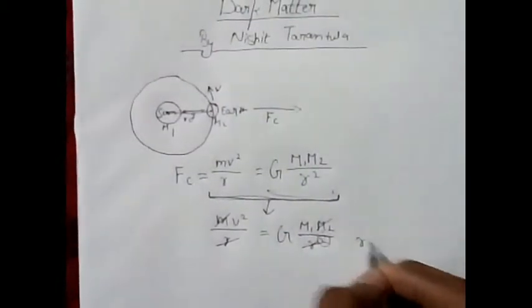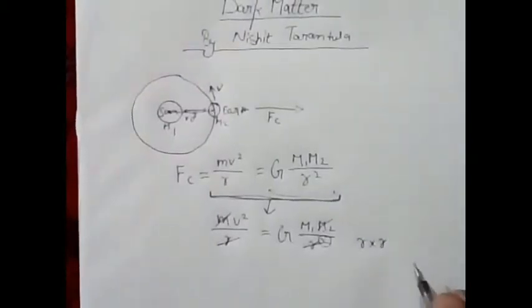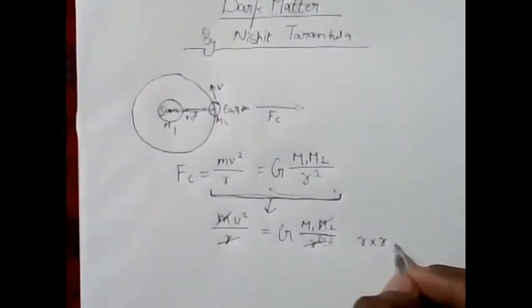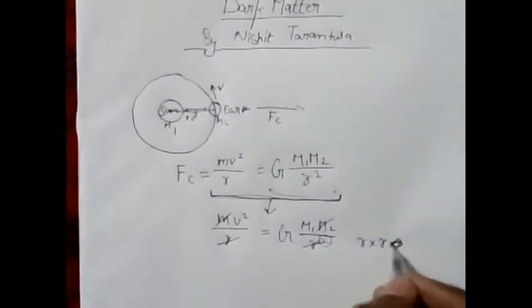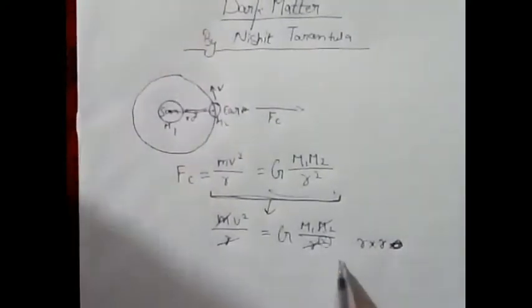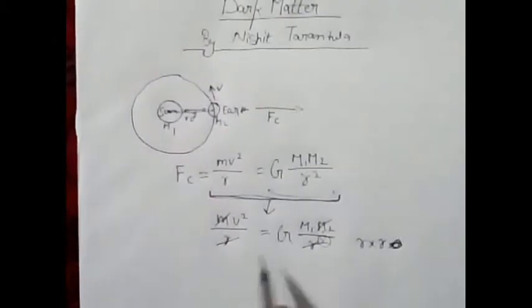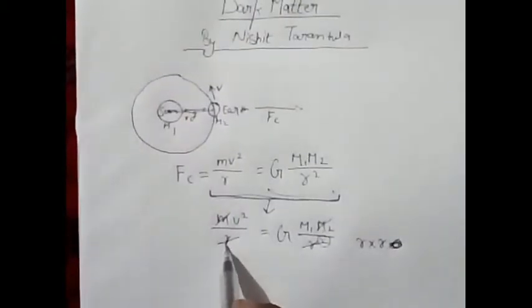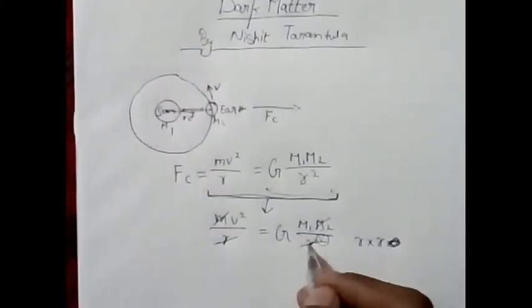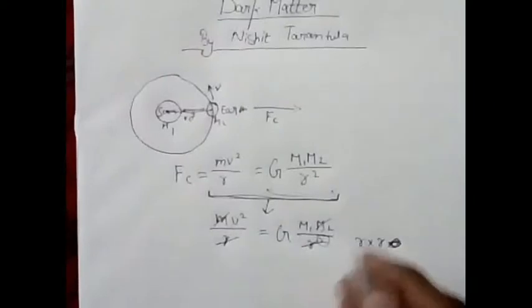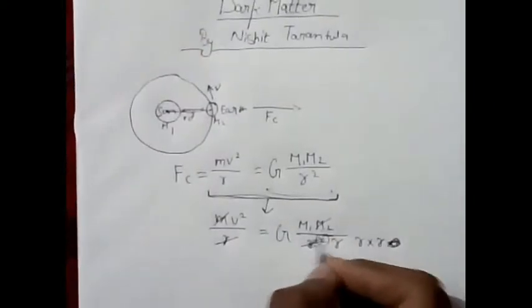Squared means r times r. If it would be cube, then it would be r times r times r. But in this case, it's just squared, so r times r. If I cancel one r here, then only one r will be cancelled. That means it's not now r squared, it's now just r.